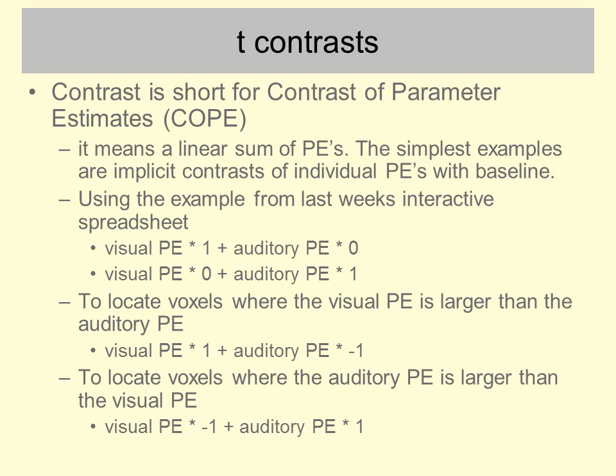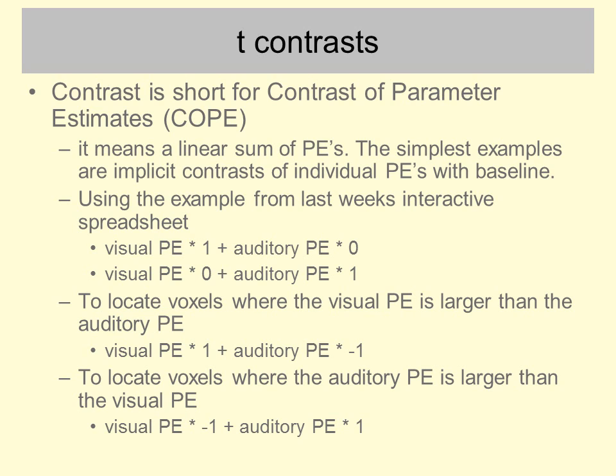Here, for identifying voxels that were more active in auditory than in visual, we'd also just add a plus tactile times 0 there in order to just stop that contributing to the particular contrast of parameter estimates for that case.